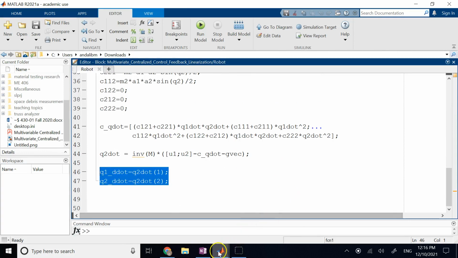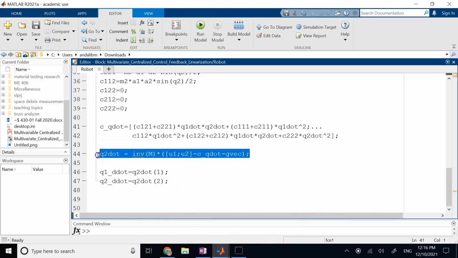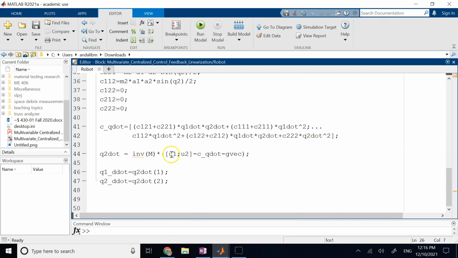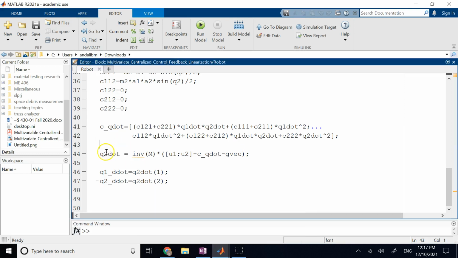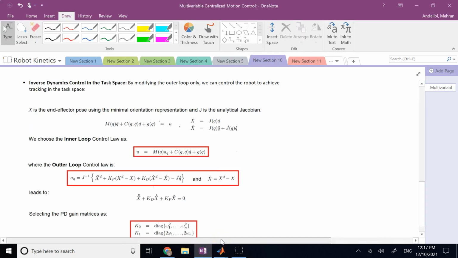In this block, you generate the C terms, the G terms, you create the M term, and at the end of the day, you subtract C Q dot and G from U, and multiply it by M inverse to get what? Q double dot. So that's what that block does. It calculates Q double dot.